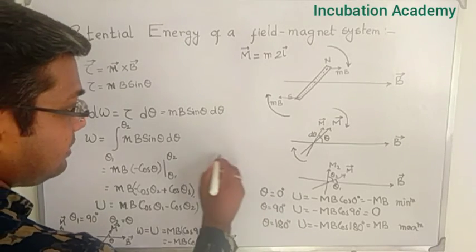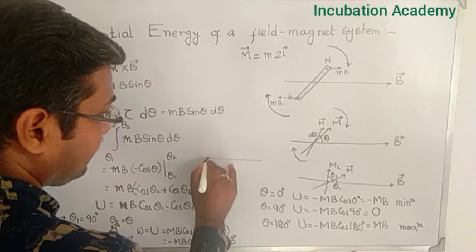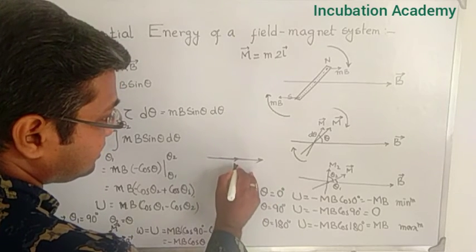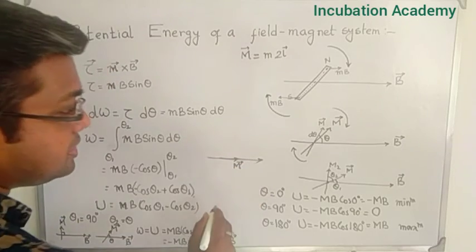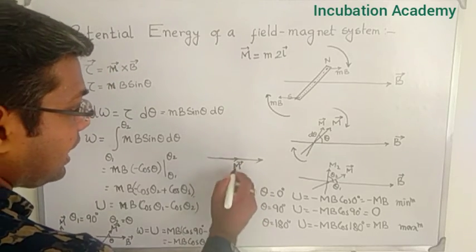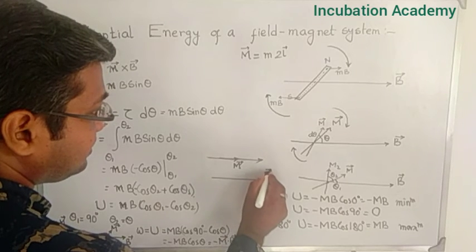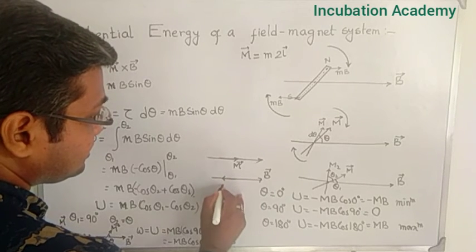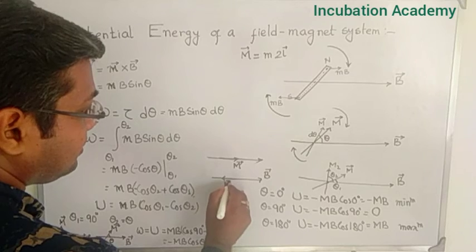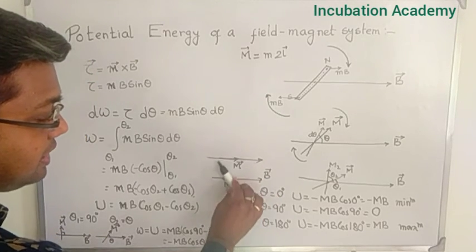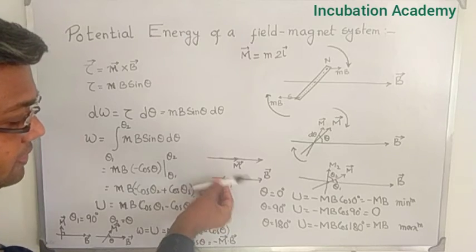So I am just trying to draw this. If the magnetic moment is in the direction of the magnetic field, potential energy is minimum. If the magnetic moment is in the direction opposite to that of the magnetic field, then the potential energy is maximum, such that it can align itself in the direction of the magnetic field.